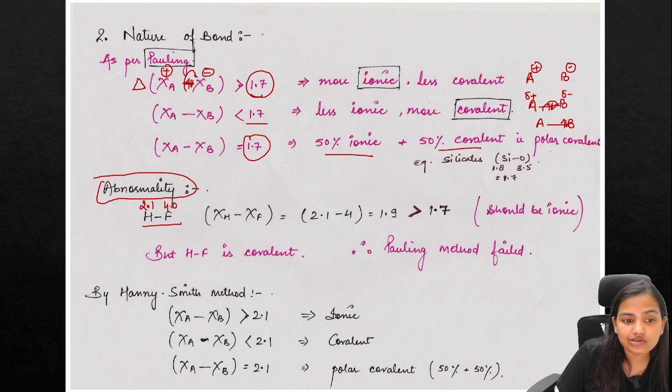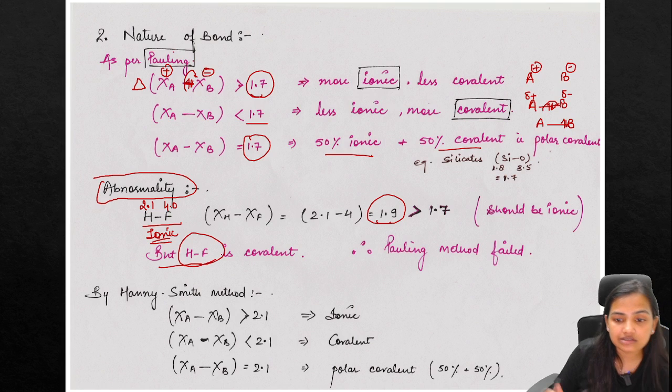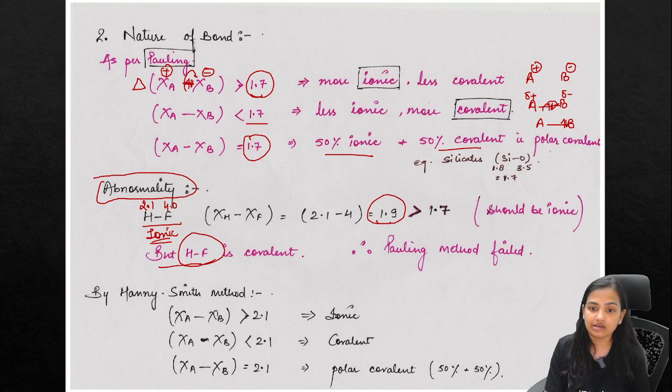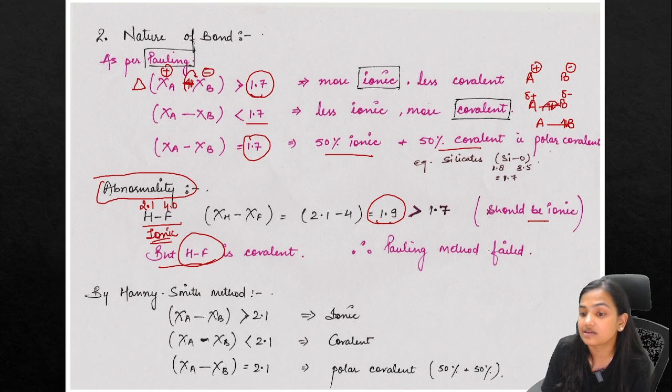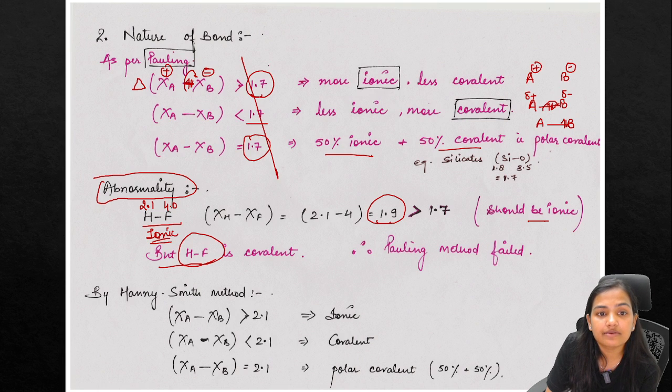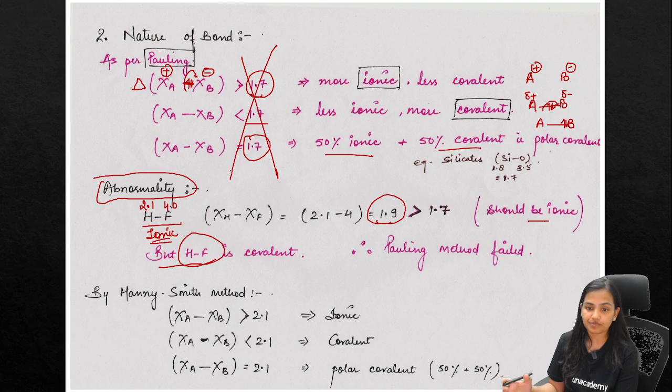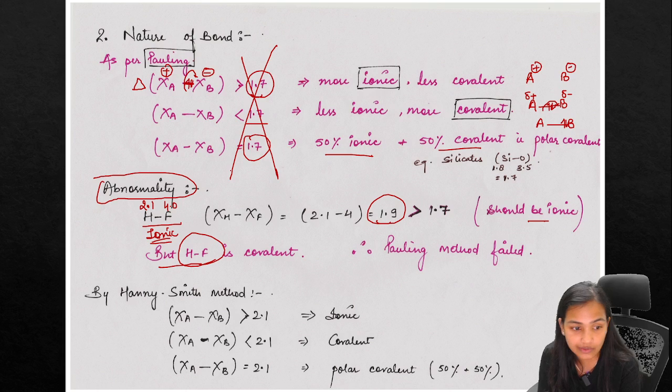So there is a difference of 1.9. If the difference is 1.9, greater than 1.7, then it has to be ionic. But we found that HF is covalent. Hydrogen fluoride is covalent, so Pauling's method failed. We can't go with Pauling's value.